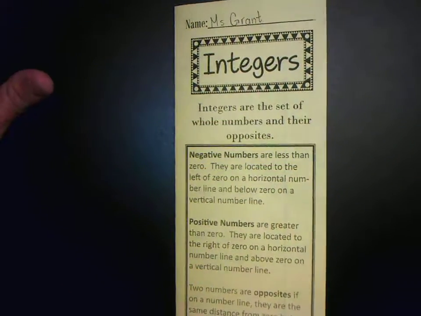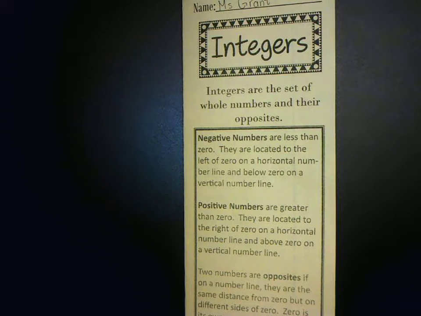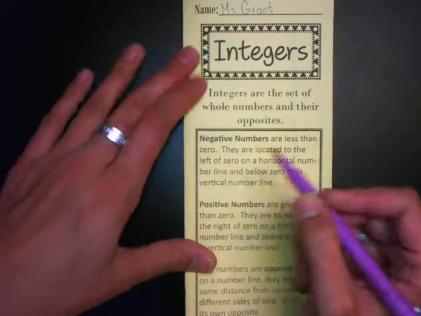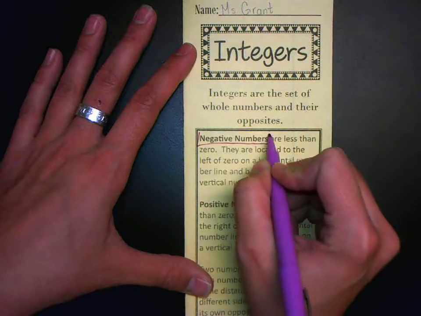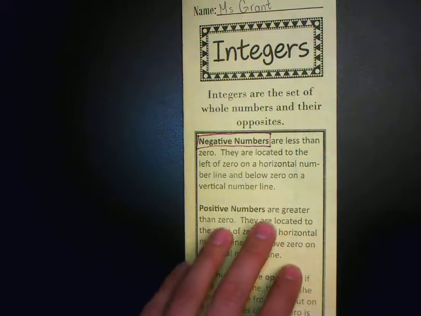All right. We have 3 definitions here, which is awesome. Remember, we want to box, highlight, underline, making sure that our vocab words are known to us, to let us know they are important. Negative numbers, so we're going to box this in. You can also highlight, underline, put a little cloud around it, whatever. Negative numbers are less than 0.